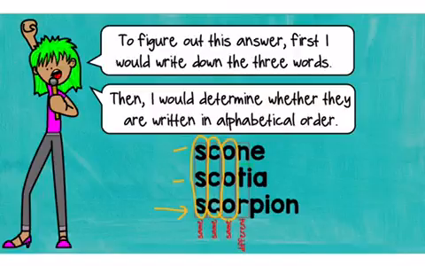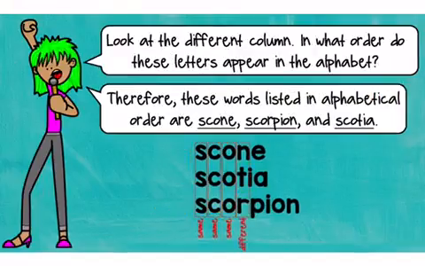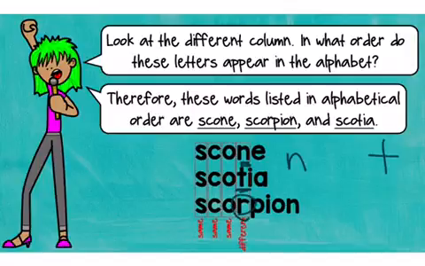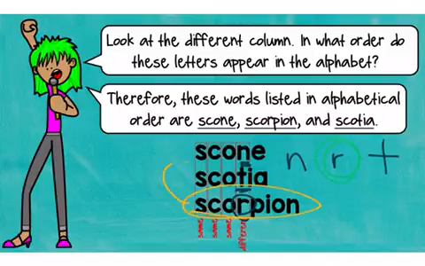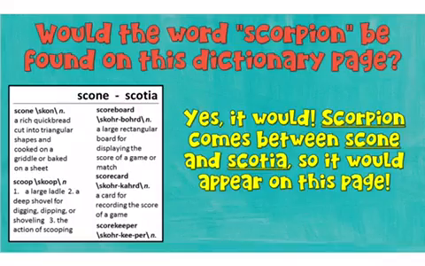I have an N, a T, and an R. I notice that the N and the T would come around the R. The R would come in between them. So that means that the word scorpion would come between my 2 guide words. So yes, it would be found on this page.